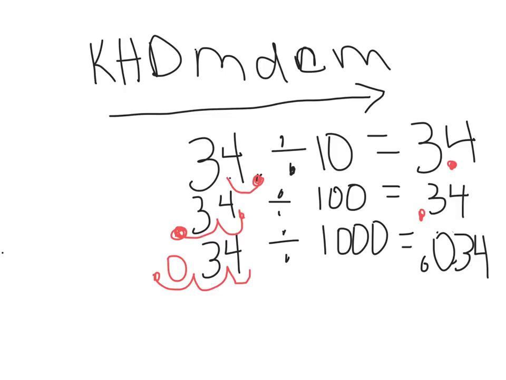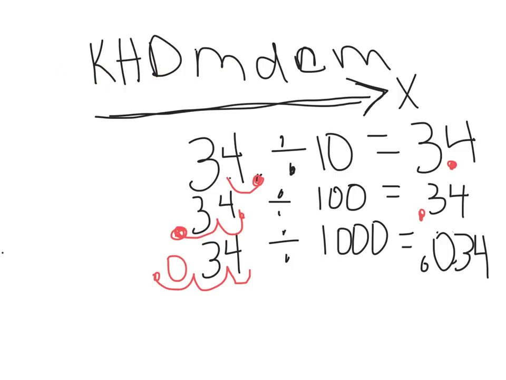Now what does this have to do with converting metric units? Anytime I go from here, I have these really big measures all the way down here. Well, one of these is going to have a lot of these in it. So anytime I'm moving from this side over, I'm going to multiply. As I move, I'm going to go 1, 2, 3.